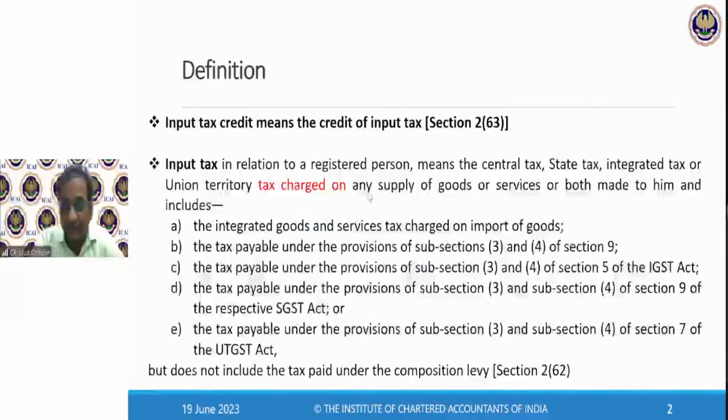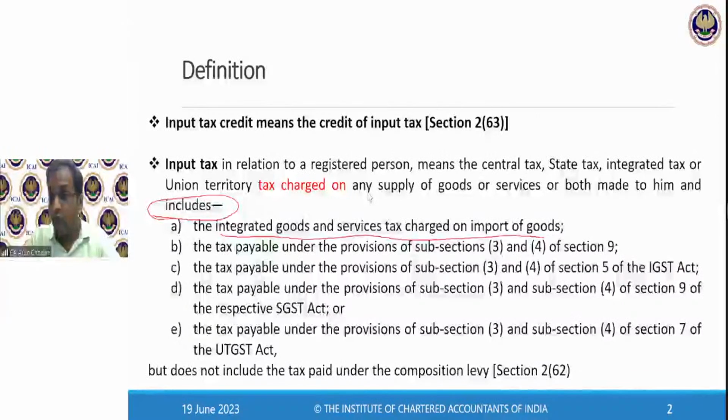And then further it says, and includes the following 5 things. Integrated tax paid on import of the goods, means IGST paid on import of the goods. If I am importing the goods, at the time of custom clearance, I am paying IGST, custom duty and cess.